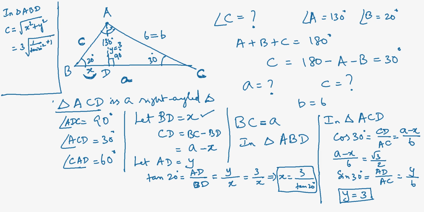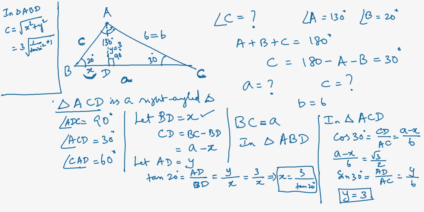I took the 3 squared outside in both terms. Once we know the tan 20 number, we can square it, take the reciprocal, add 1, take the square root, and multiply by 3 to get the c value.